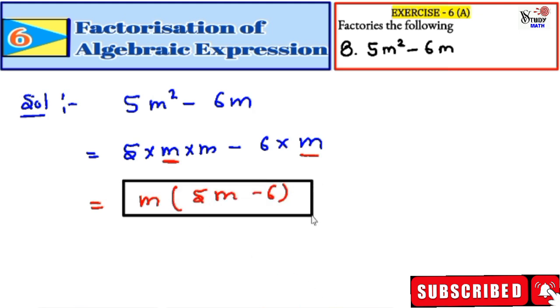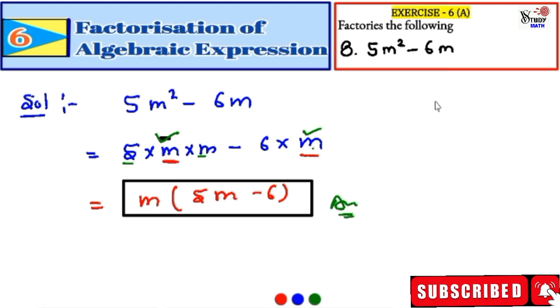Now we can do this directly also, because from here I take m as common. So what is remaining from this term? 5m is remaining, and from here I take m as common, then 6 is remaining. So I do it directly.